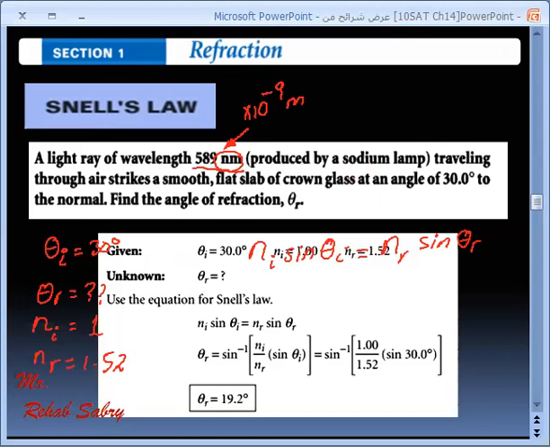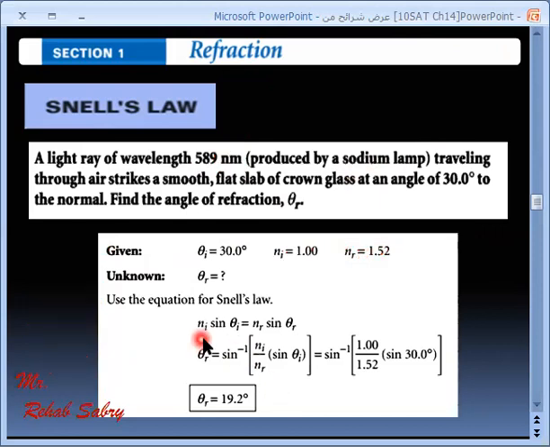To find theta R, as we agreed together, to find the angle from the sine, we use shift sine or sine -1. This is done by the calculator. It doesn't need all these complications. So theta R equals 19.2. You will substitute here and you will get the answer.